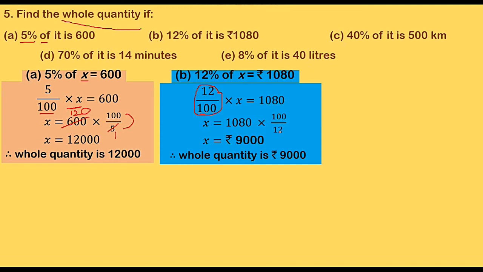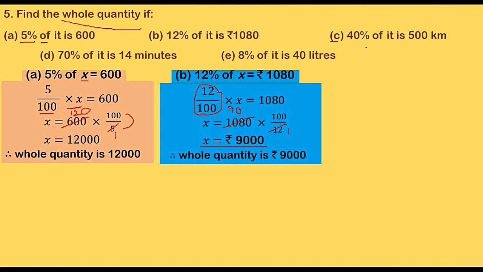So it becomes 100 upon 12. Cutting this, 12 ones are 12, 12 nines are 108 and a 0. So what is the value of x we get? We get x is equal to rupees 9,000. Therefore, the whole quantity is rupees 9,000.